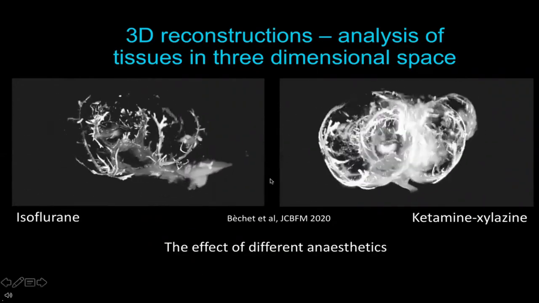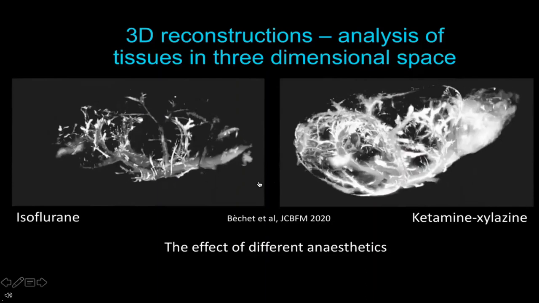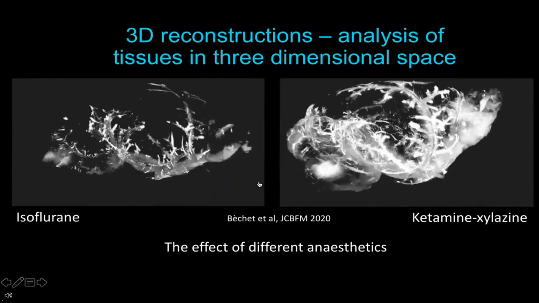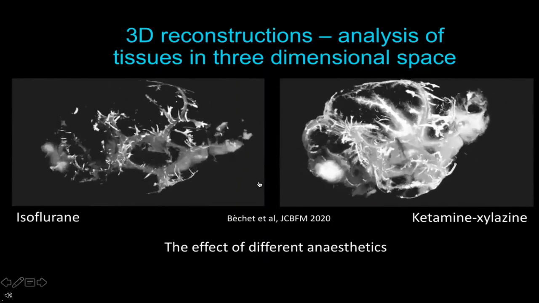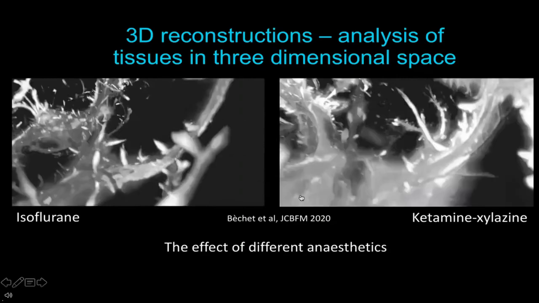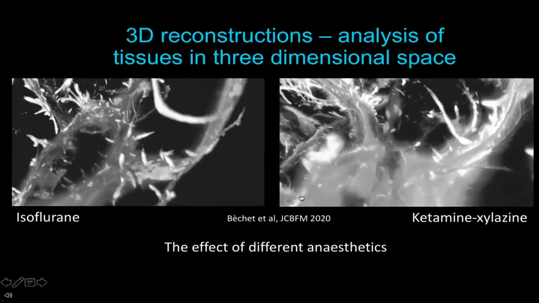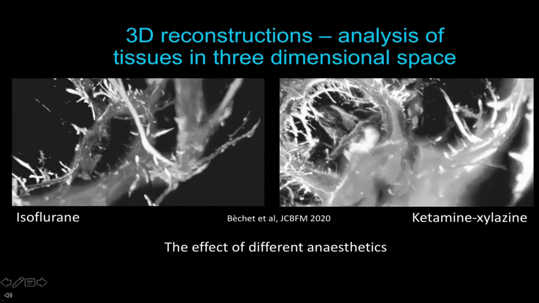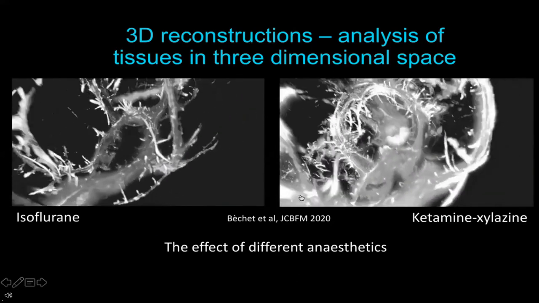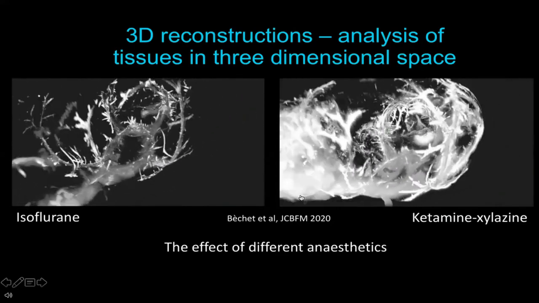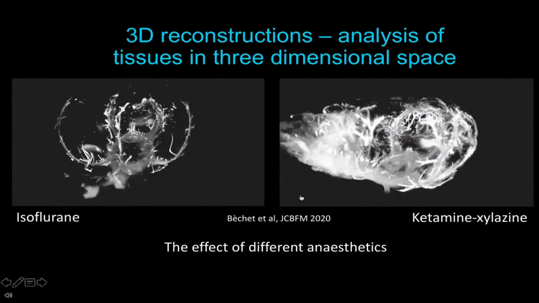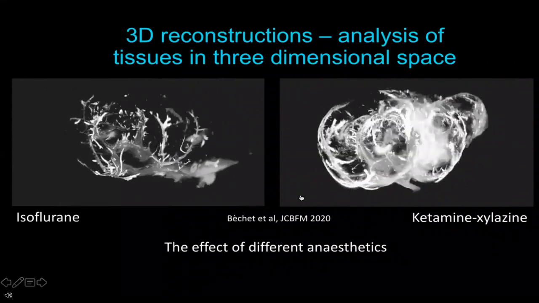So here we compared isoflurane anesthetics, where we know that the glymphatic system is suboptimally active, and we compared this to ketamine-xylazine anesthetized mice, where we know that the glymphatic system should be equally active as in the sleep state.